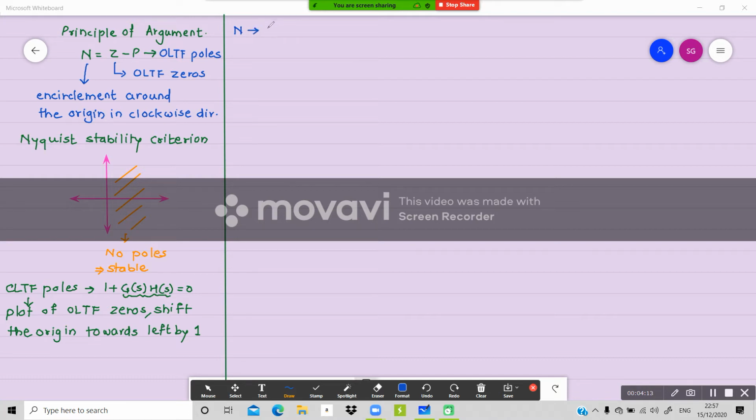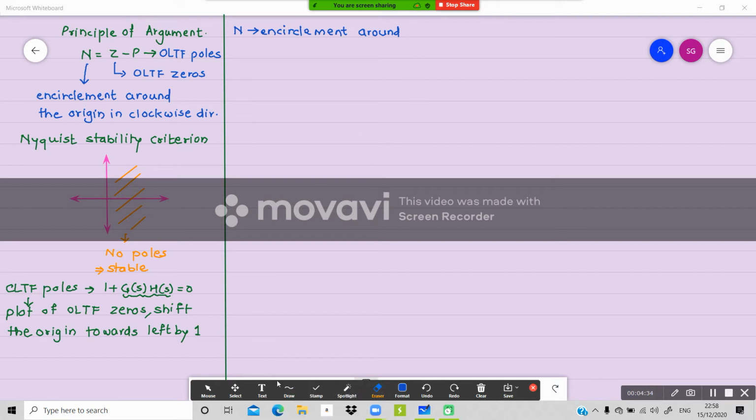Now this will tell you the encirclement around -1. Correct? Because we have shifted our origin towards left by 1, and that means it is -1.